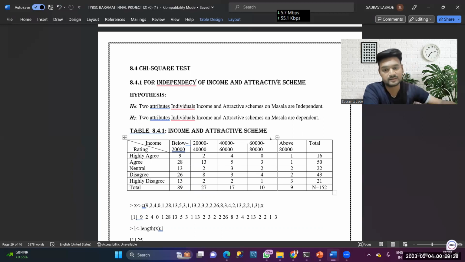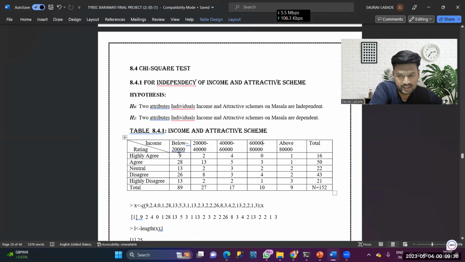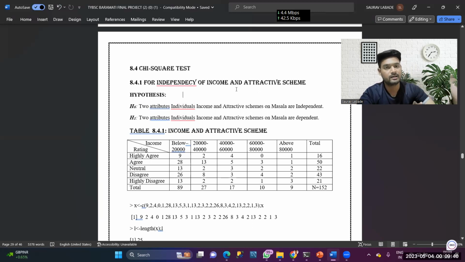The null hypothesis will be that income and attractive schemes are independent, that means there is no relationship between the individual income and attractive schemes. The alternative hypothesis is that there is some relation, so they are dependent.